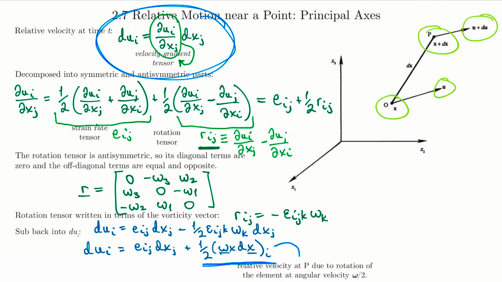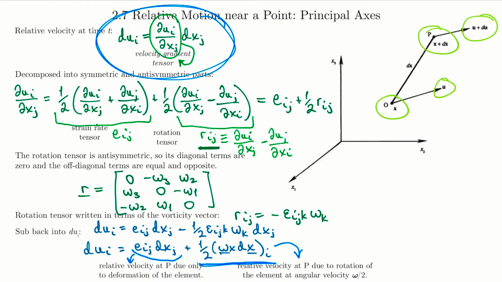And the first term, we can see that's the relative velocity due only to the deformation of the element. So that's the relative velocity at P due only to deformation of the element, and that's how we get the relative motion between these points P and O.